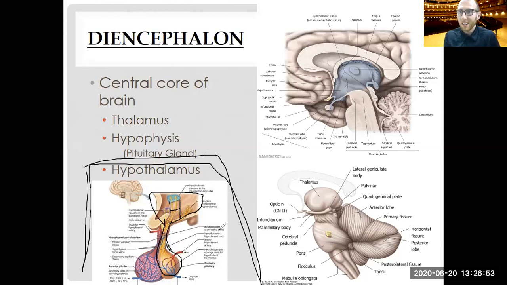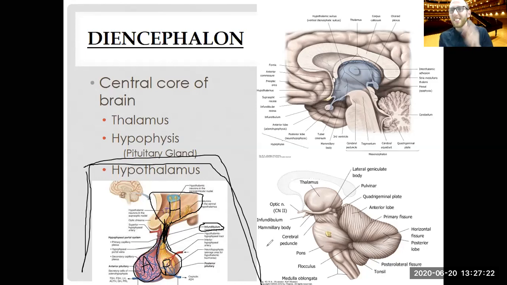Now there's a word I want you all to know, and it's the word infundibulum, super small. You'll see it multiple times, but the infundibulum is the bridge between the hypothalamus and the posterior pituitary. The anterior pituitary is right here, and it's kind of latched on to those other structures.